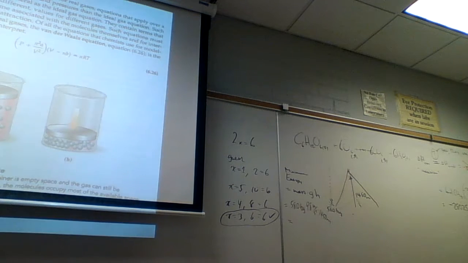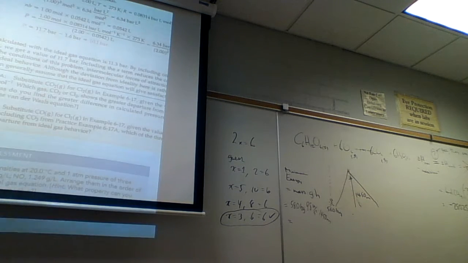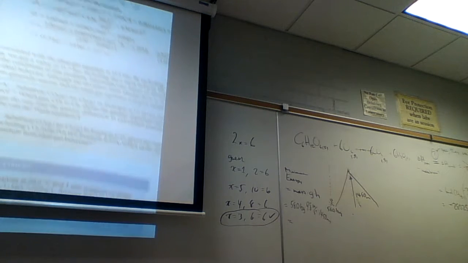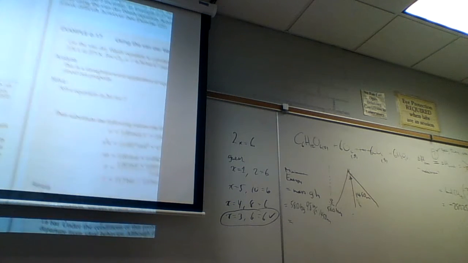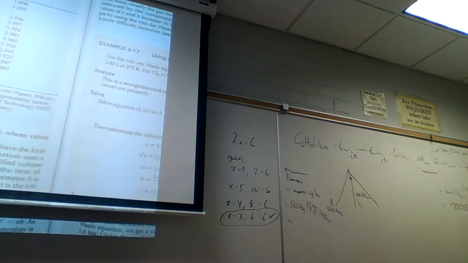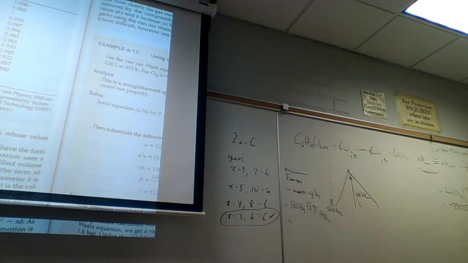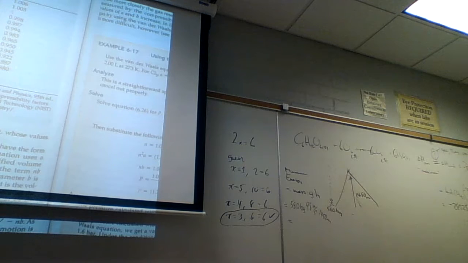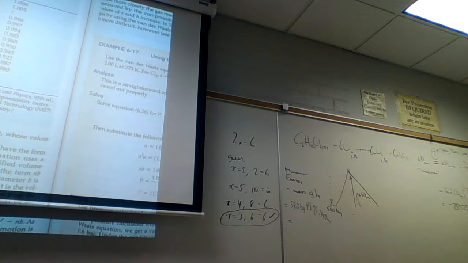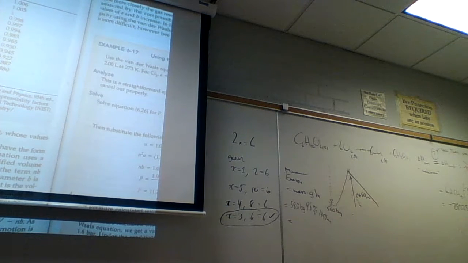Let's take a look at the B correction term. If we look at the B correction, the smaller the B, the more ideal it is. For an ideal gas, A and B are both 0. If A and B are both 0, then PV equals nRT.